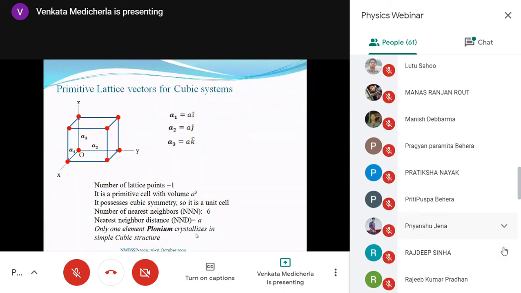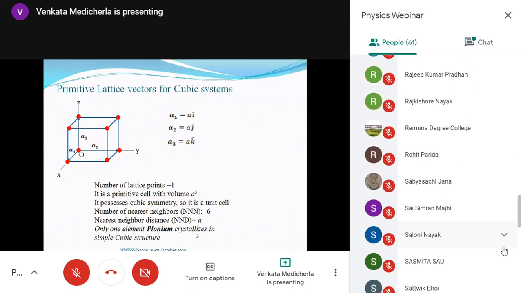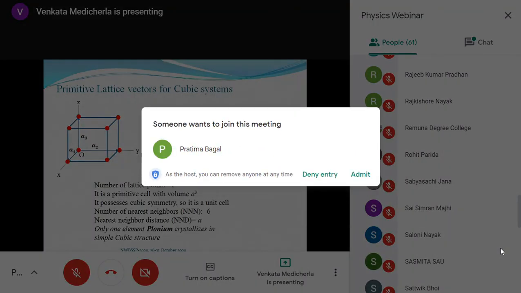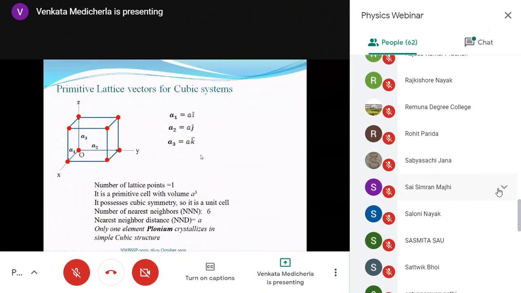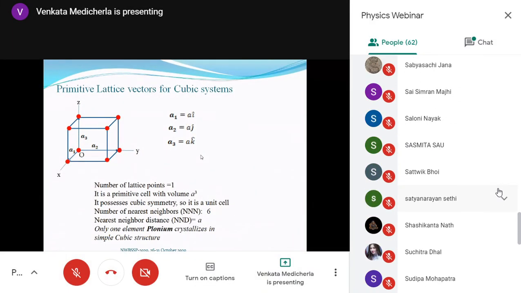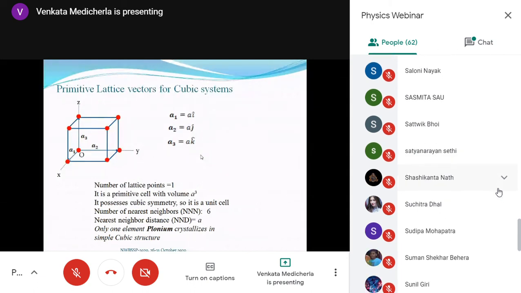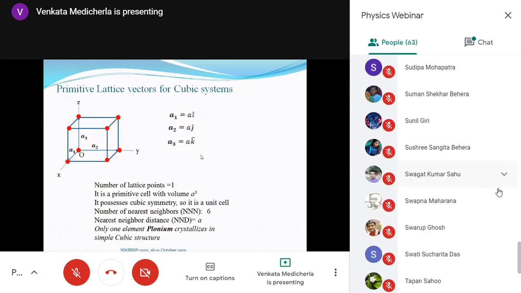If you take the simple cubic case, what is A1? I have fixed the x-axis along A1, the y-axis along A2, and the z-axis along A3. Then I can write A1 as A into i cap, because I know that all the sides are equal. A2 can be A into j cap, A3 can be A into k cap. So it's not only A1, A2, A3, but we can also define them according to our unit vectors i, j, k.